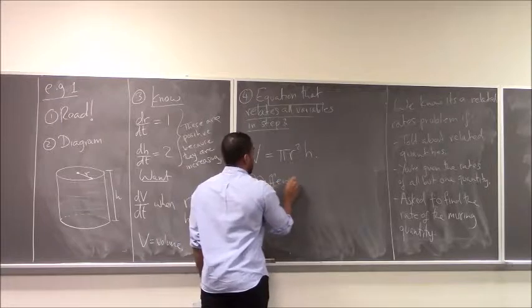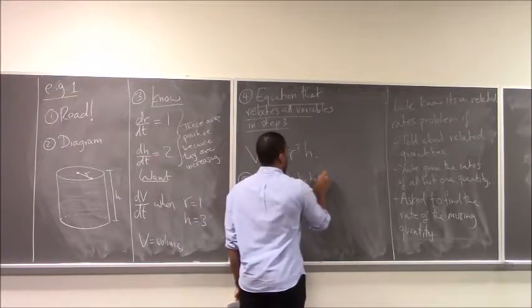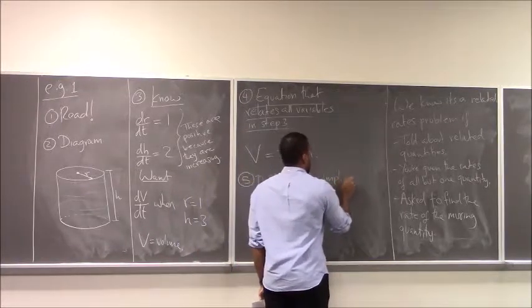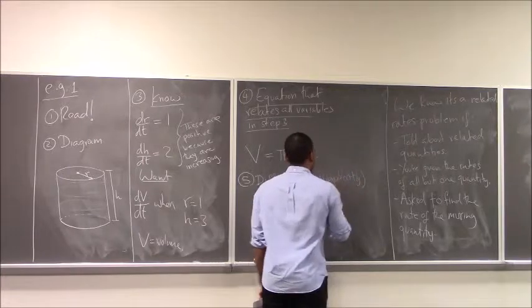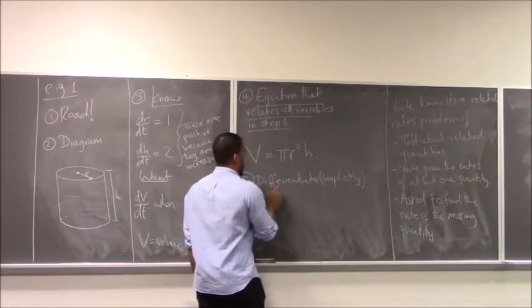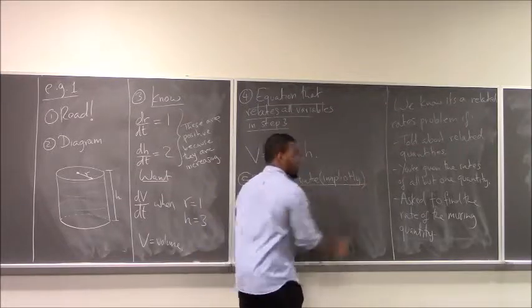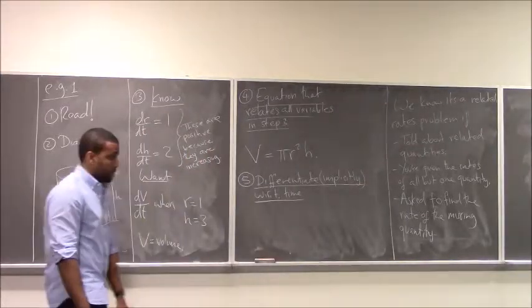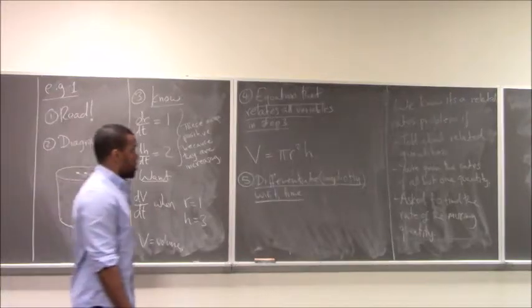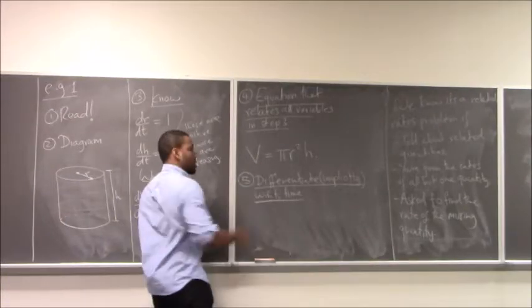The 5th step is to differentiate, by the way, implicitly, with respect to time. All right, we're finding rates. Rates is just a rate of change with respect to time, how fast something is moving. So let's go through. How would you differentiate V?